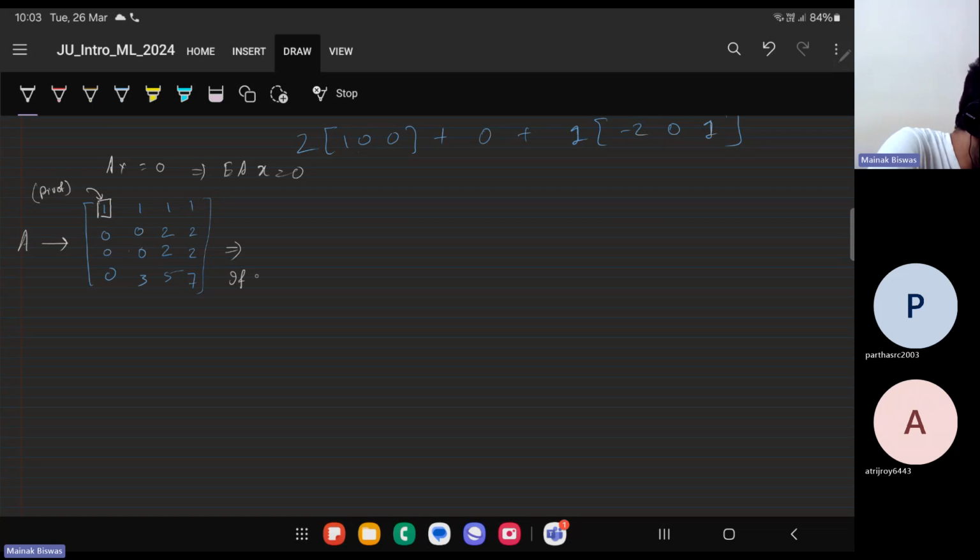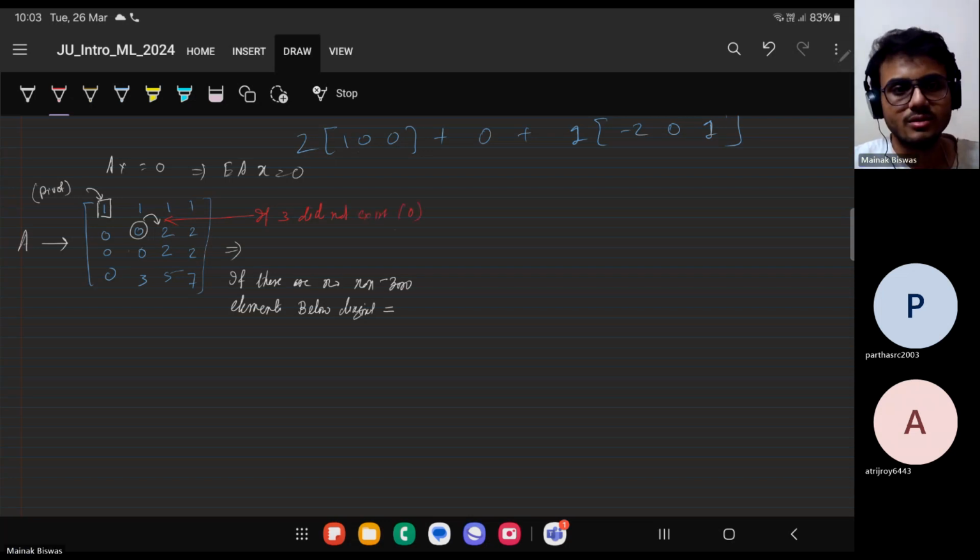If there are no non-zero elements below the diagonal, you go right. So you will go right if 3 did not exist and you had 0 instead. Then you would not be able to do any elimination. Correct? Yes.